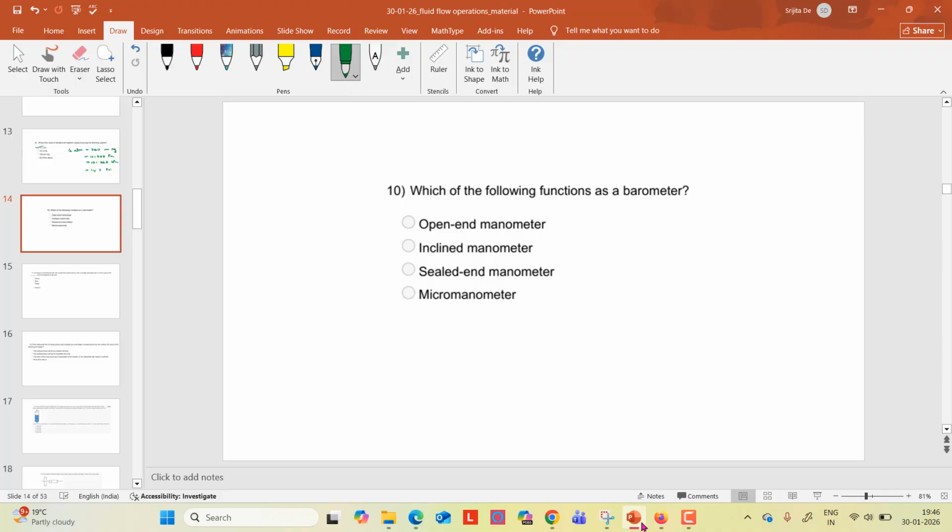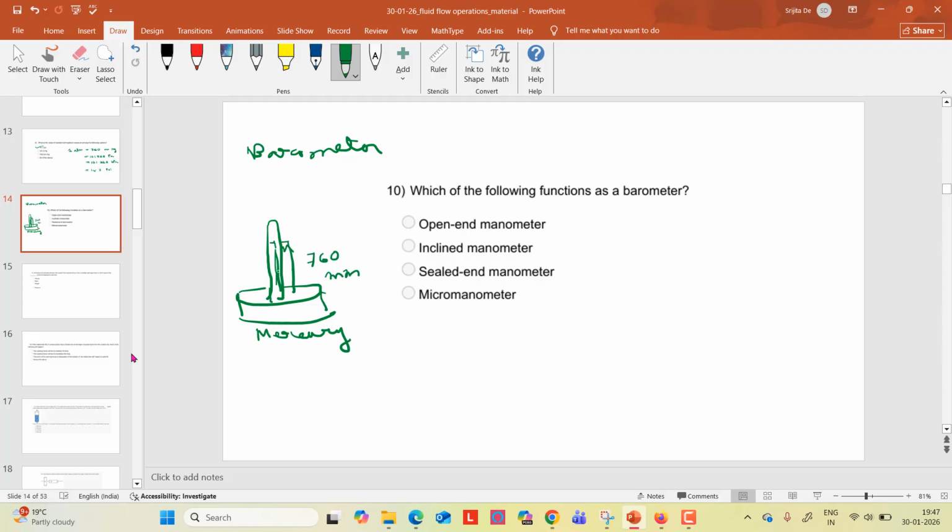In case of a barometer, the test tube is vacuumed first, then it is pushed into a jar of mercury, and if this is mercury here, and this mercury reaches the 760 millimeter distance, then it is 1 atmospheric pressure. It is the atmospheric pressure indication.